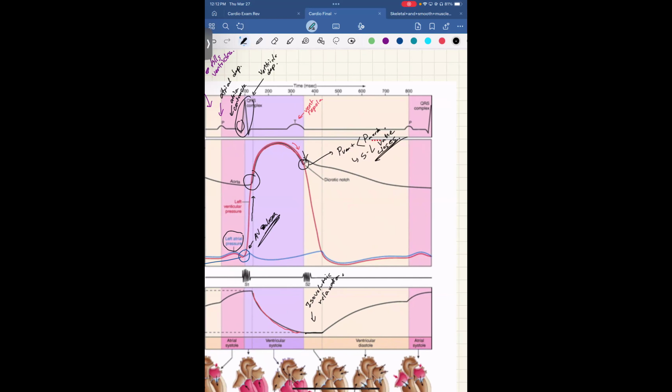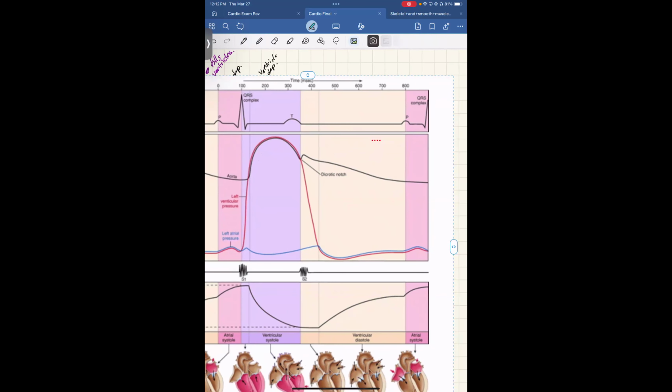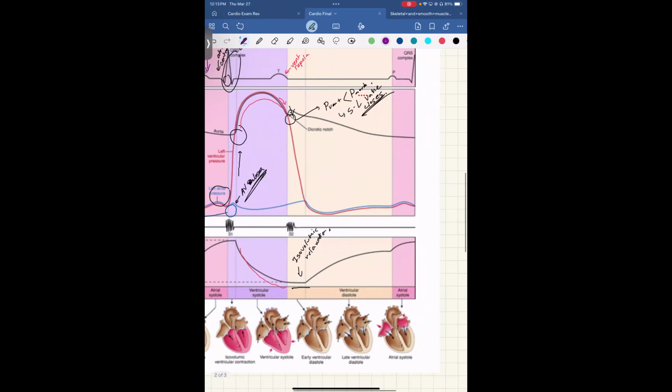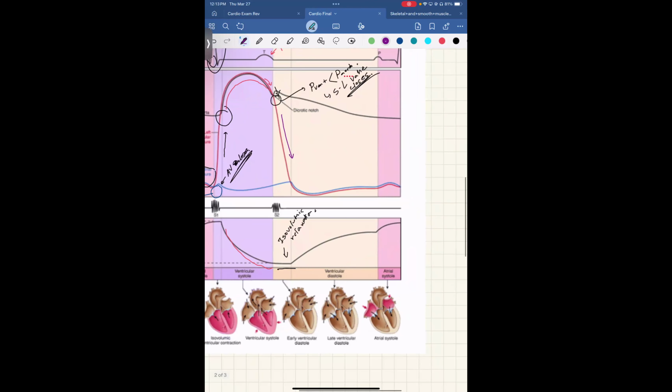Okay. So if volume doesn't change, and by this time the ventricle is still relaxing, pressure is falling until this point, where again you have the intersection of two curves.